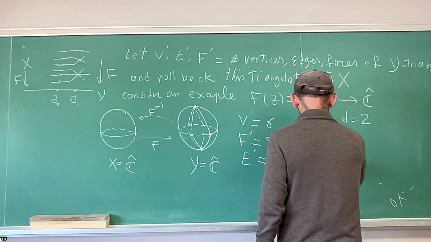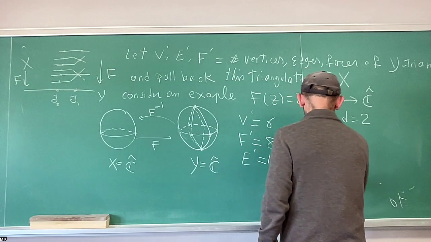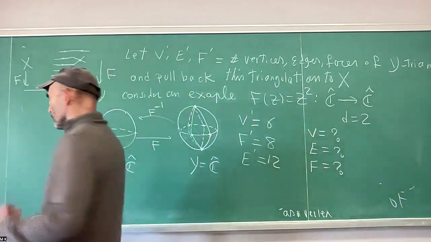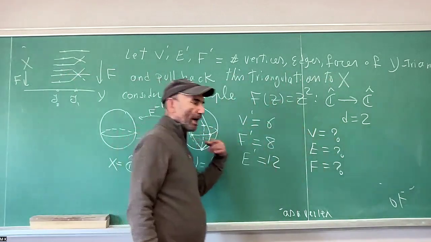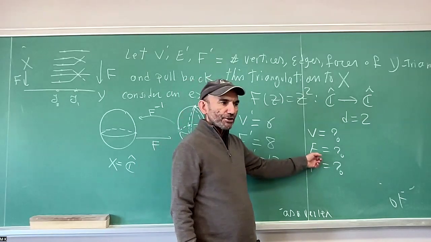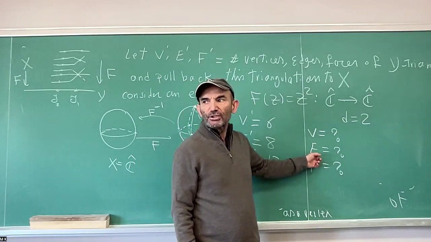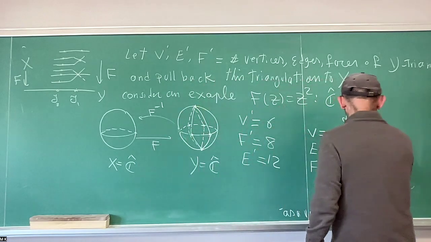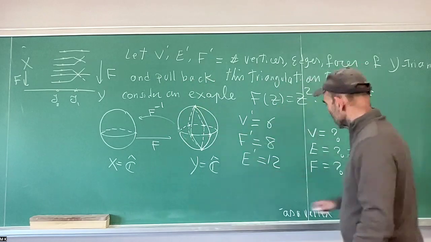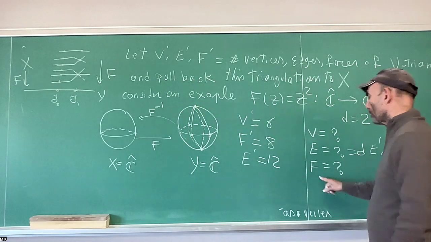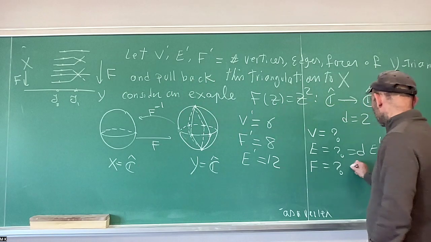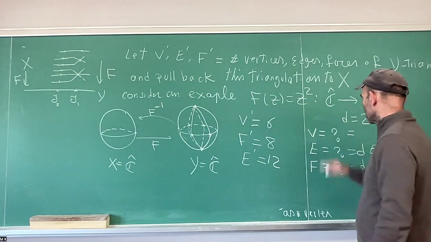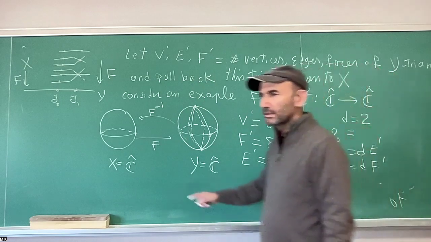E is what? F is what? When you pull back, the number of edges is going to be multiplied by the degree, basically. In general, it's going to be D times the number of edges down here, which is E prime. The number of faces also is going to be D times F prime, but the number of vertices is more complicated.